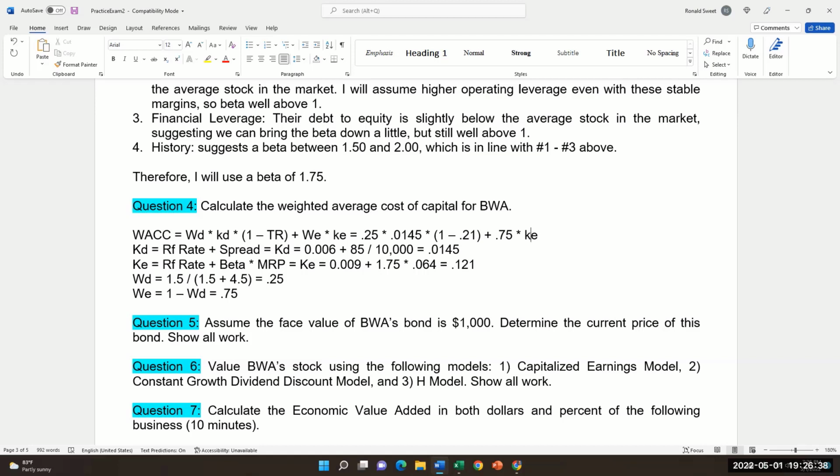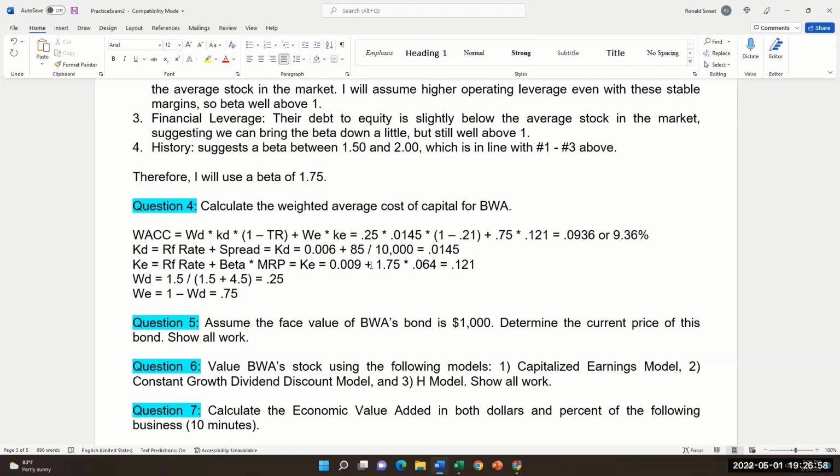So that gives me my cost of equity, and that gives me a WACC of 0.0936, 9.36%. I'm going to double check just to make sure.